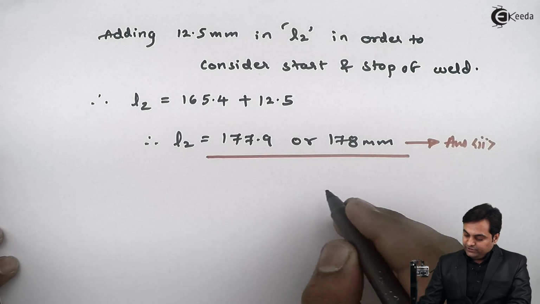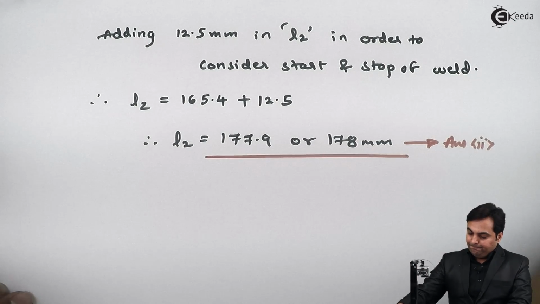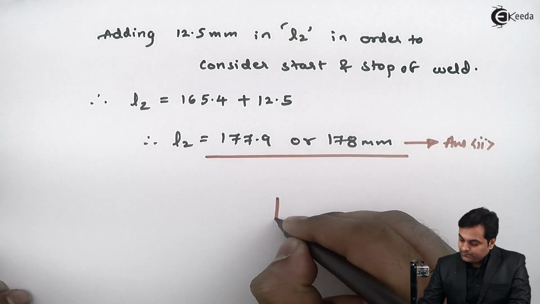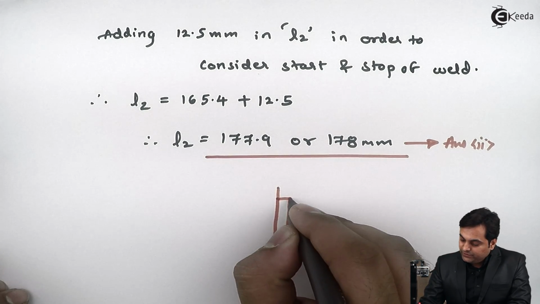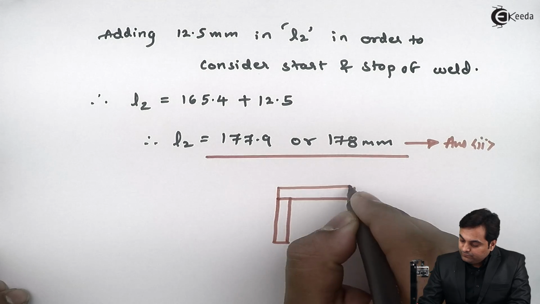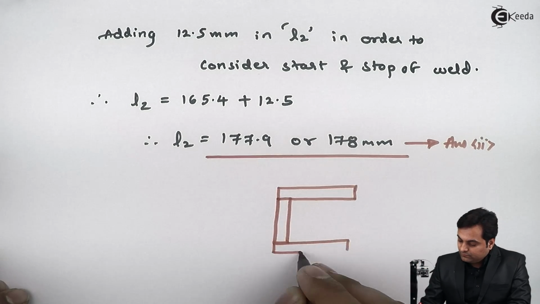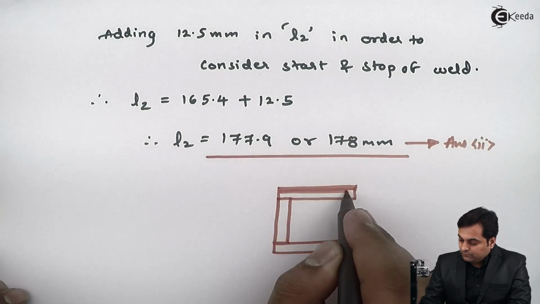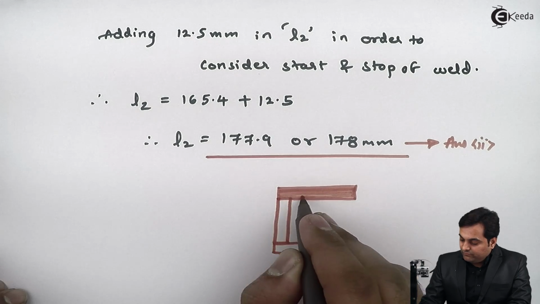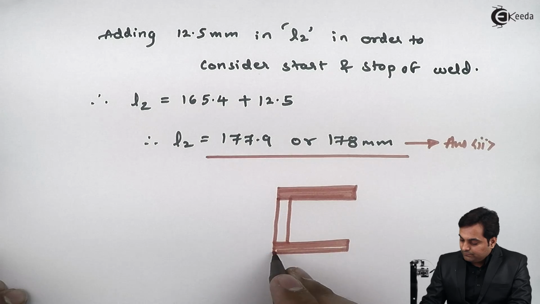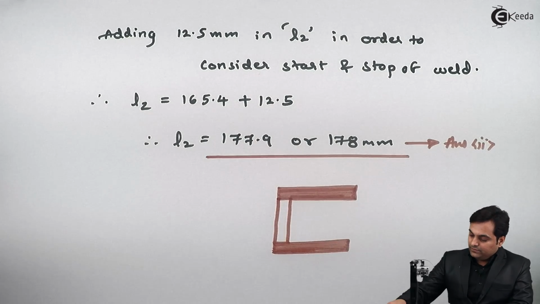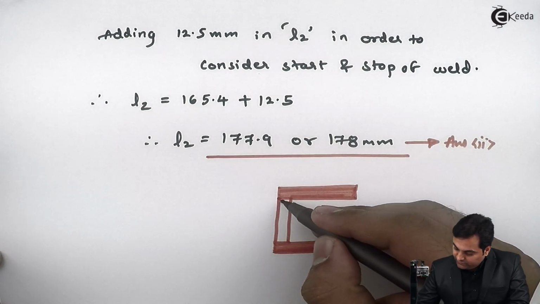if I draw it on a diagram, I can explain it. These are parallel fillet welds. This is the transverse fillet weld.